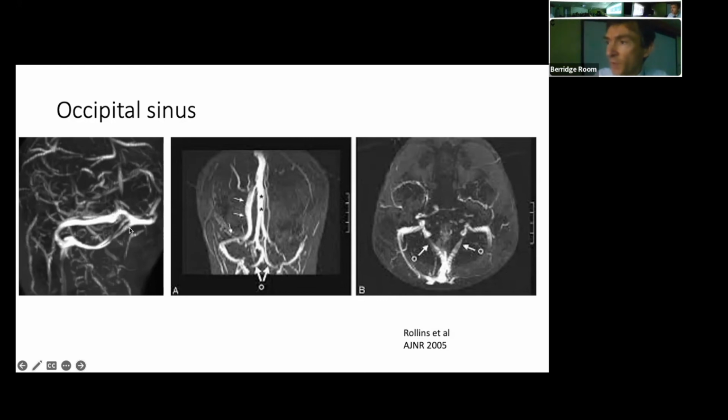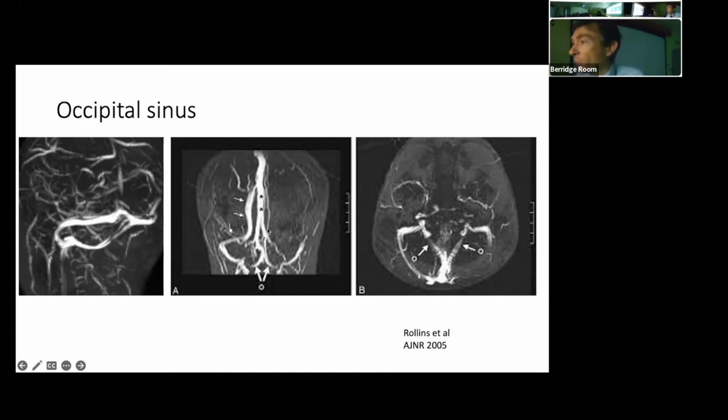Actually, this is one of our MR venograms that shows this paired vein, two veins running from the proximal transverse sinus on one side down to the jugular bulb. This is the normal transverse sinus on one side, and that's the opposite transverse sinus.